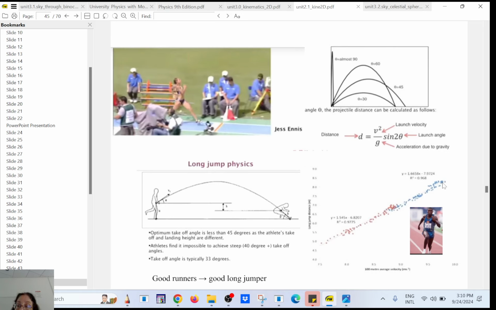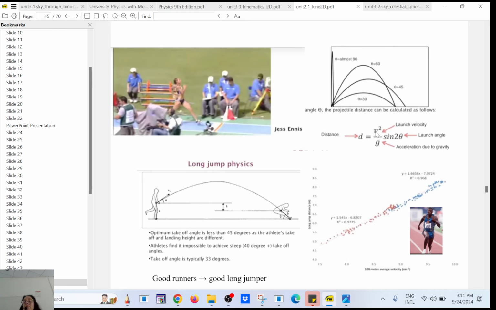And the world record here is about 8 meters. Okay? Not Usain Bolt. Usain Bolt was a sprinter. Do you agree? So let's use that equation to see, if Usain Bolt had decided to move to long jump, how far would he be able to go?